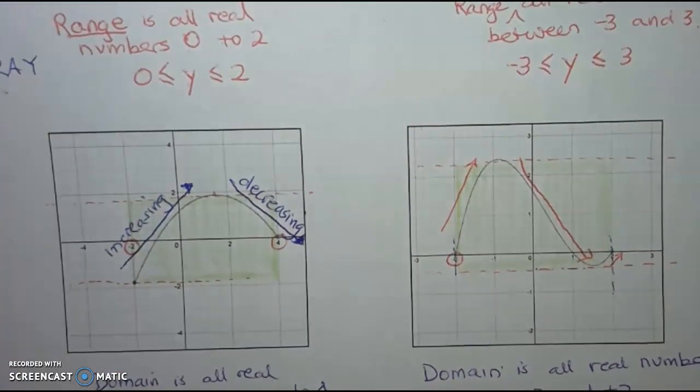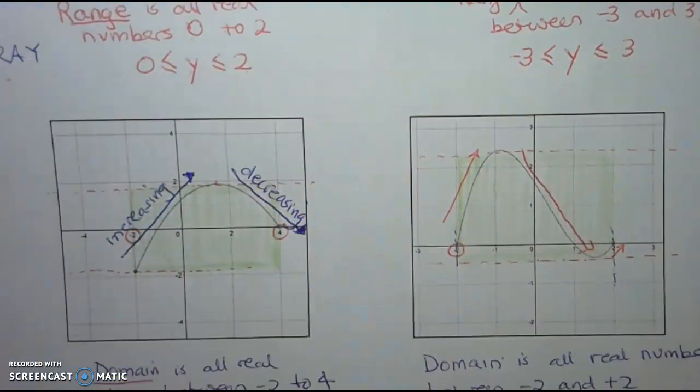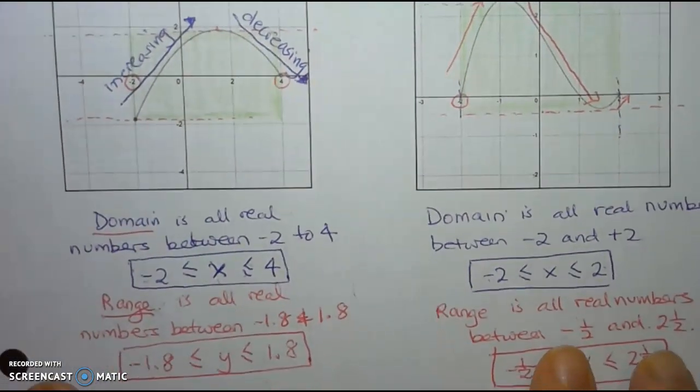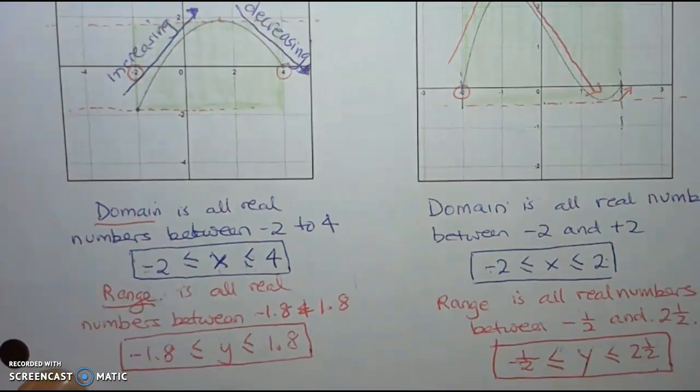And that's for the second part. The graph should look like that, increasing and then decreasing, increasing and then decreasing, and then finally increasing again for a little bit. The domain is all real numbers between -2 and 4, and check out all the inequalities and how they are written.